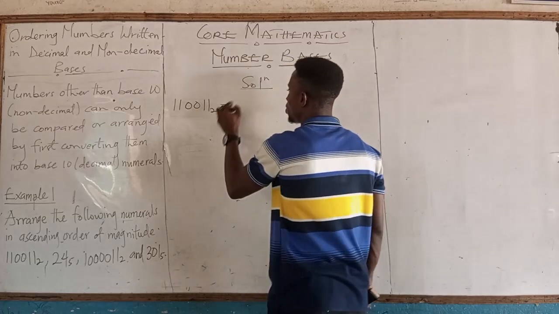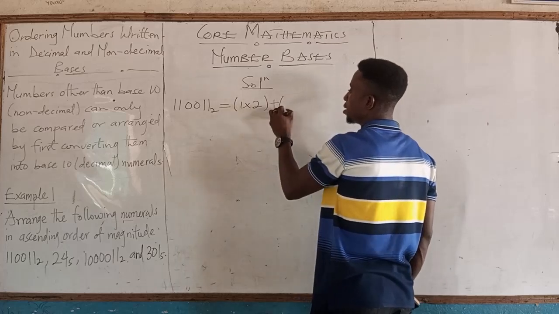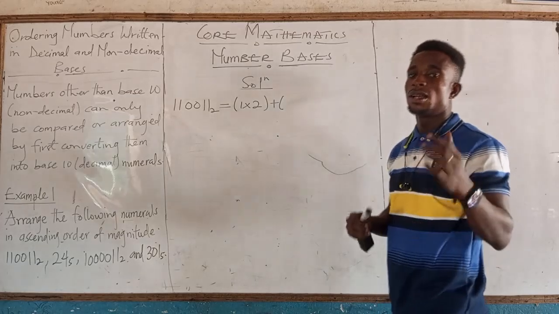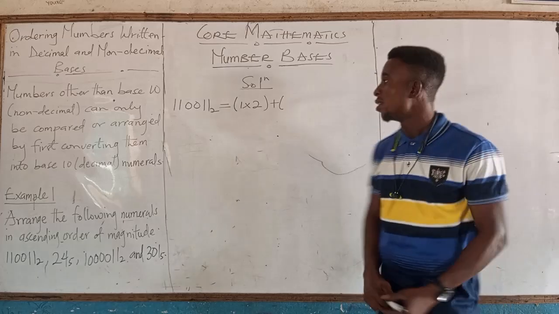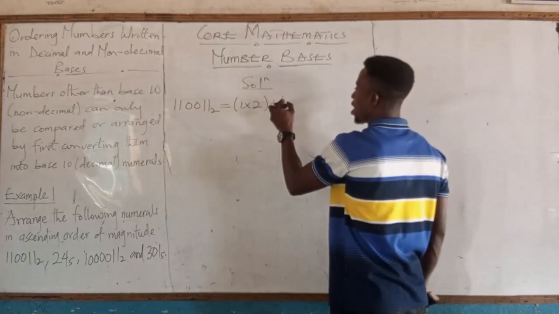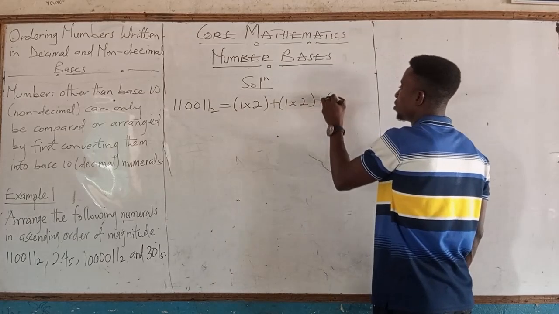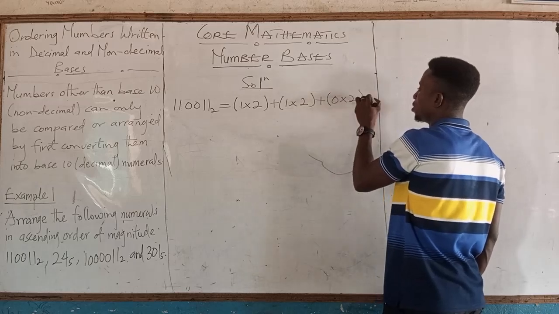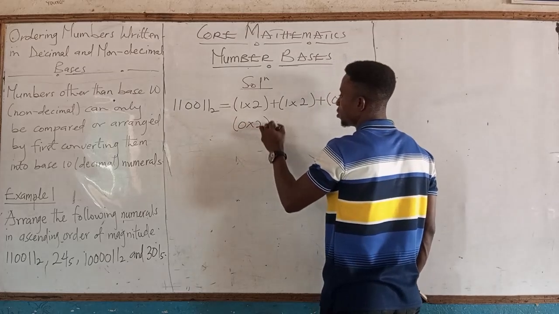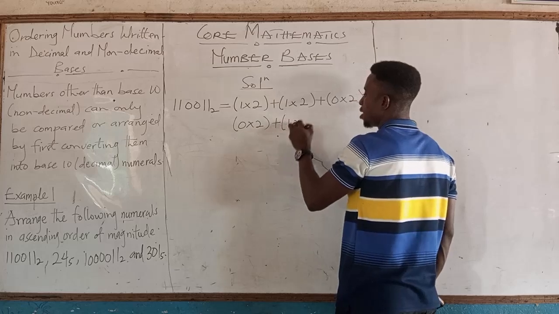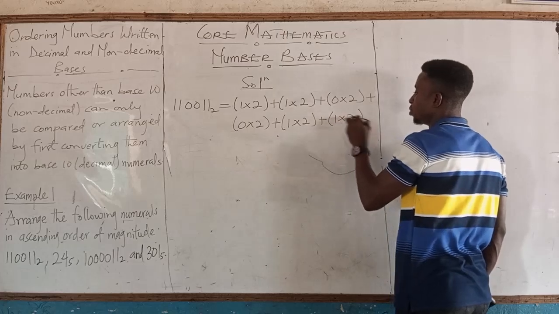And that one is equal to 1 times 2 plus another 1 times 2, plus 0 times 2, plus another 0 times 2, then plus 1 times 2, plus the last one times 2.